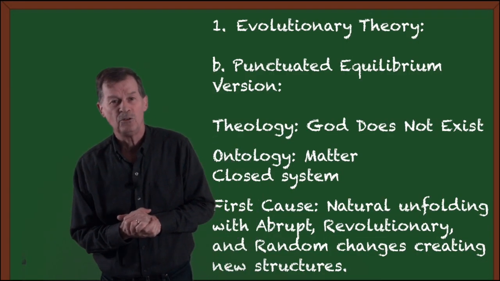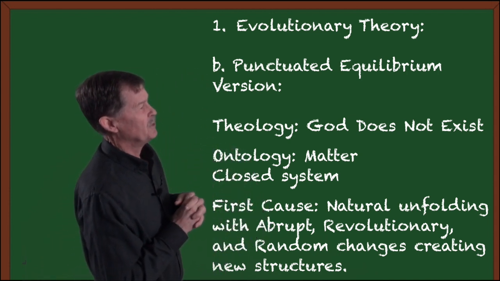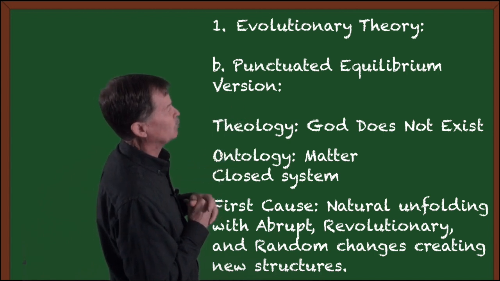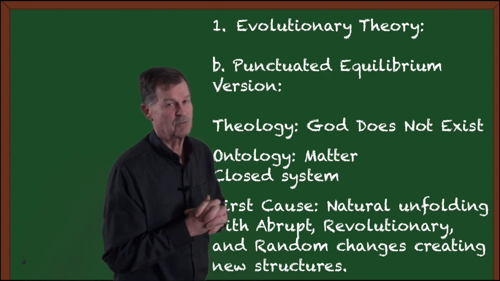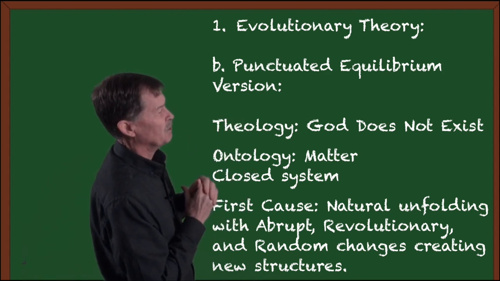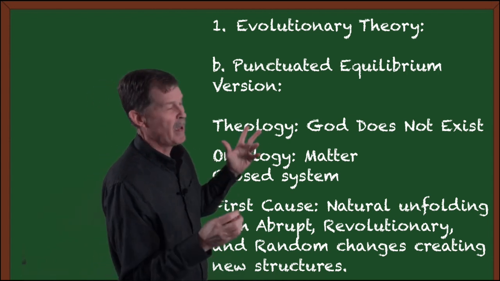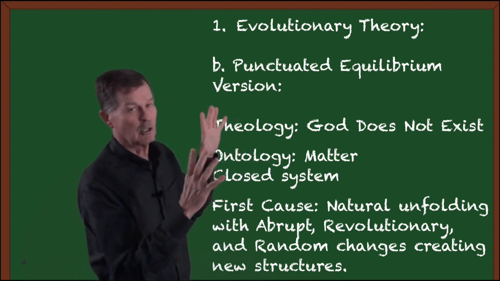Now we're going to go on to the next version of evolutionary theory, which is the punctuated equilibrium version. Again, the theology is that God does not exist, so it's still within the evolutionary framework. Ontology: it's matter-based. Matter is the basis of all reality, within a closed system.